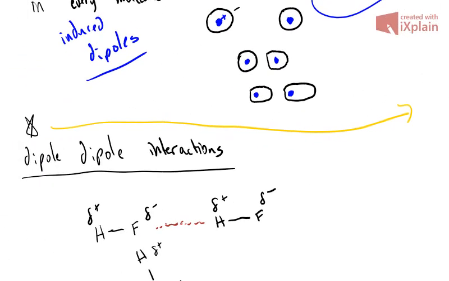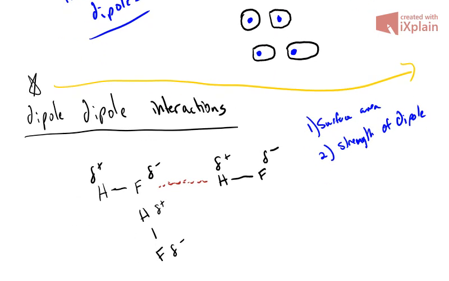Same here. So we have surface area, strength of dipole. And that's strength of the dipole times 2 because you're working with 2 different dipoles now.